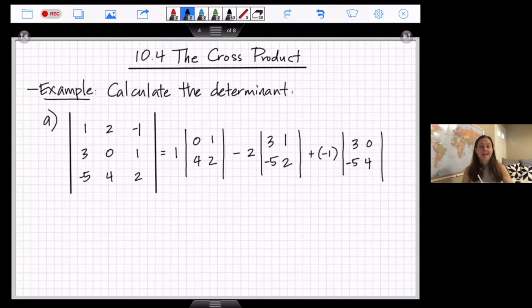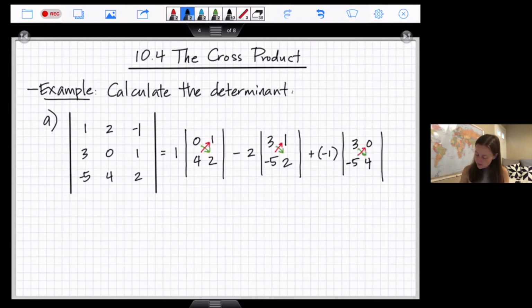All right. And then all we have to do are the little 2 by 2 determinants. So remember that we multiply on the down angle and then we subtract on the up angle. And we're going to do that for all 3 of these little matrices to find their determinants.